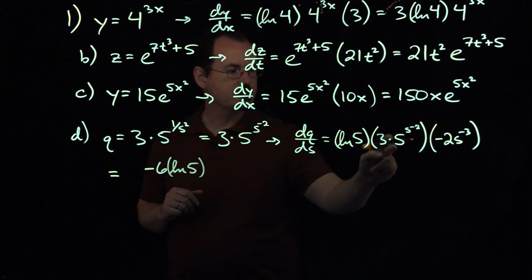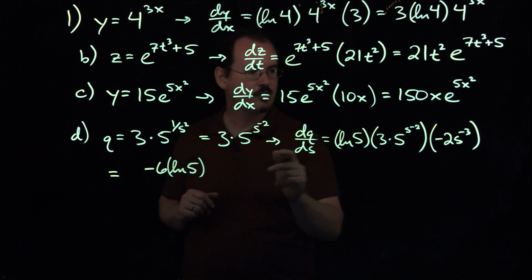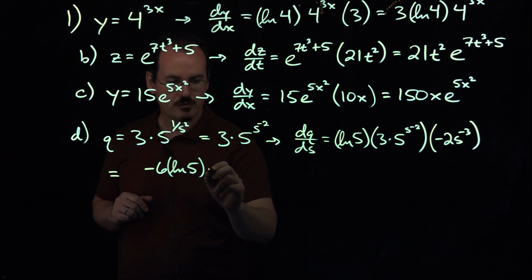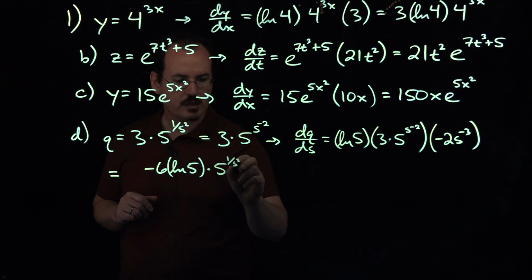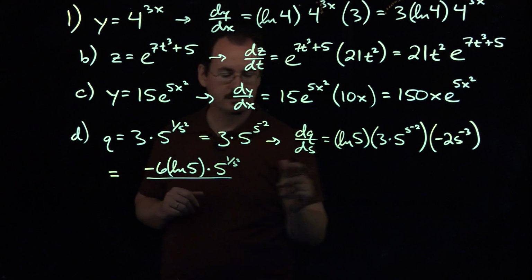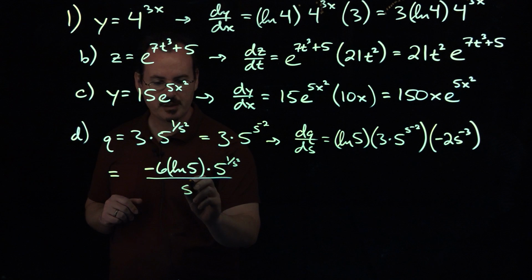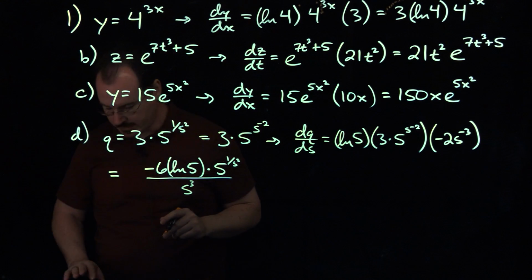And then I combined the 3 and the 2, so that 3 is not there anymore. I got 5 to the power of s to the minus 2, so times, I'm going to go ahead and rewrite that the way it was before, 1 over s squared. And then in the denominator, that's s to the negative 3. If I move it down, it becomes s to the positive 3. So there's our derivative there.